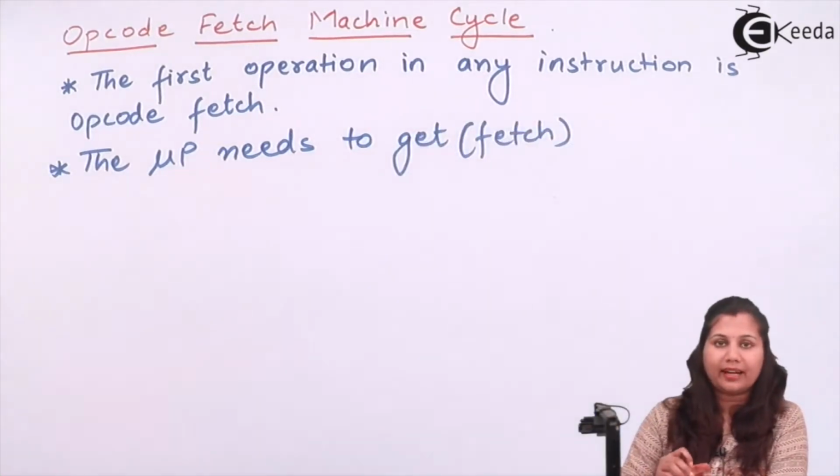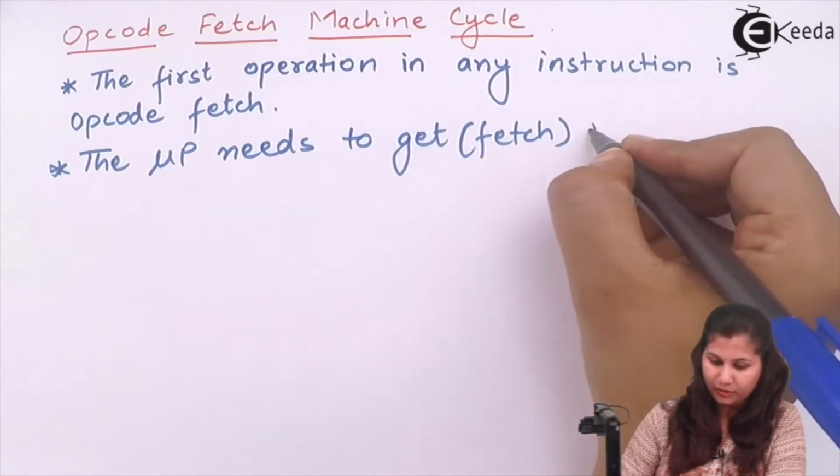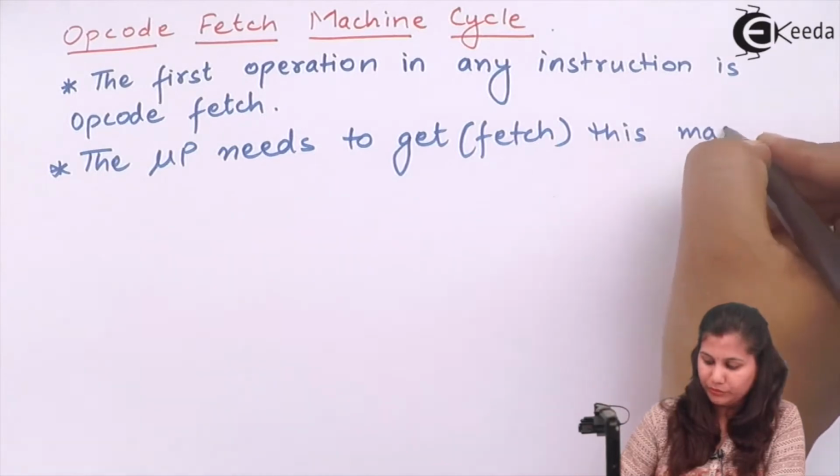Fetching means to get that instruction. So the microprocessor needs to get the opcode. Opcode is also the machine code.